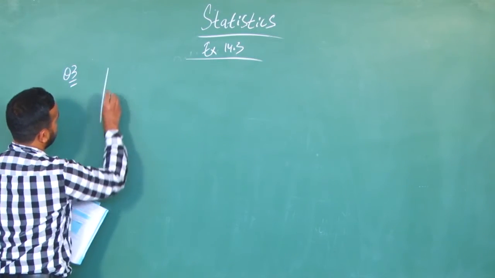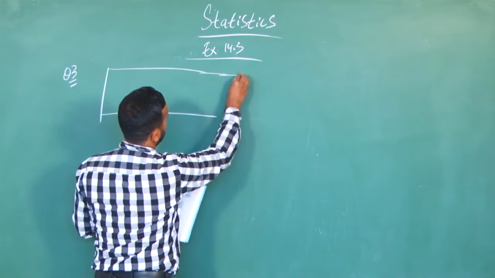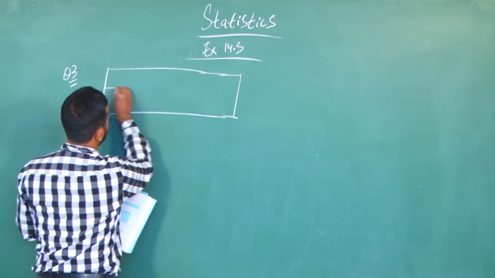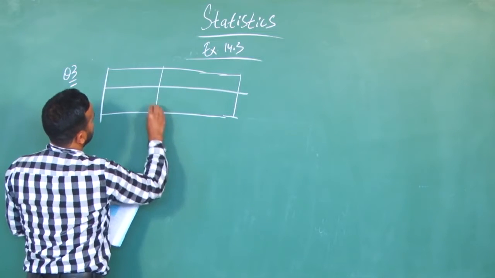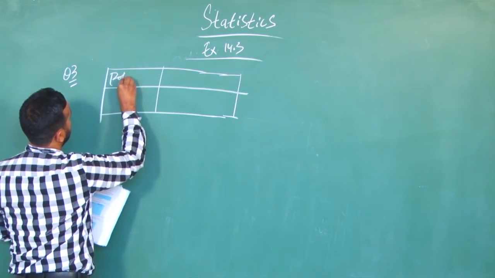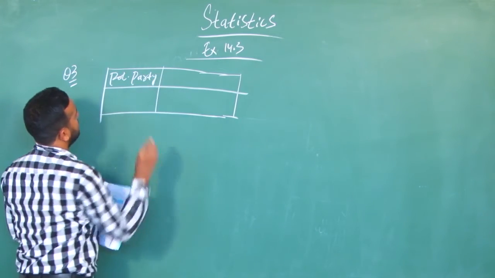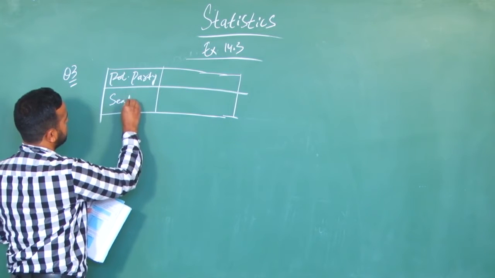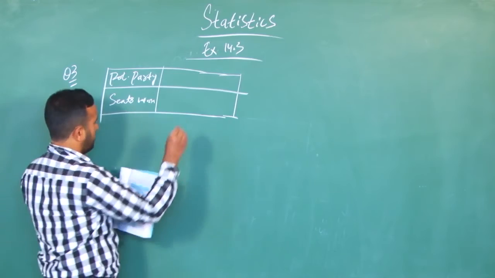First, we are going to write the political parties. The variable under study here is the political party, and the frequency is how many seats they have won in the particular election.